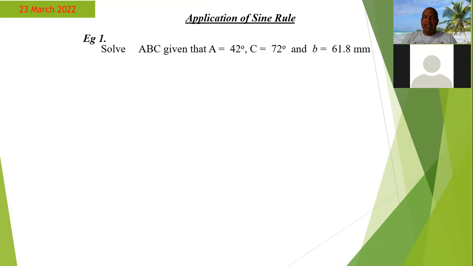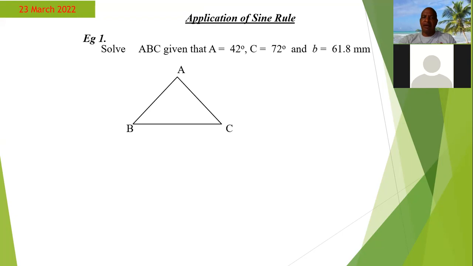Remember, the triangles that we are constructing are not right angle triangles, but rather scalene triangles. For the construction, we are given the angle A, the angle C, and the side B. So we are only given 3 elements of this triangle, and we have to draw a diagram representing what we have.